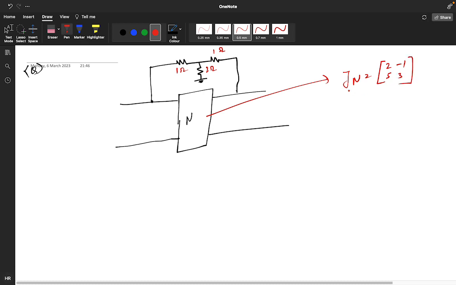Okay, how will you solve this? How will you guys solve this?